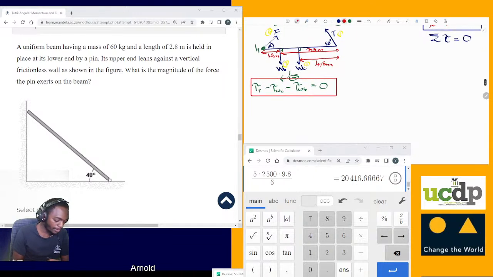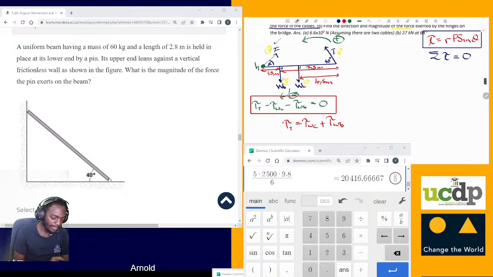And which means we can immediately make this subject. This becomes torque due to the tension equals weight of the car plus weight of the bridge. And this is going to be, remember, r F sine theta.